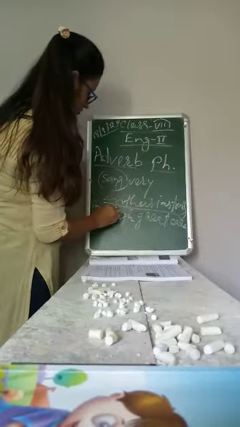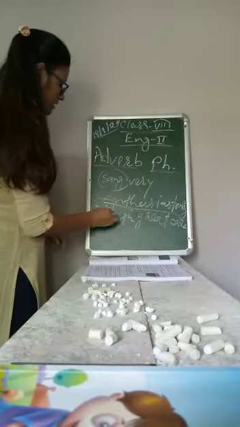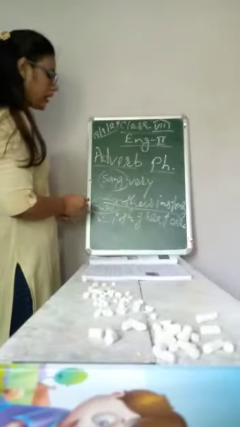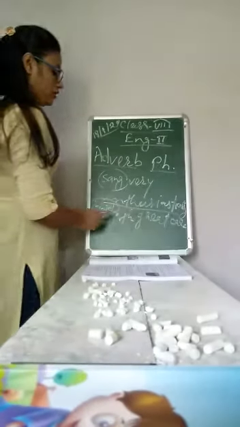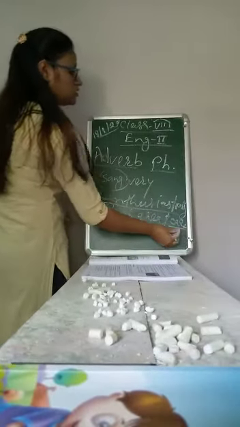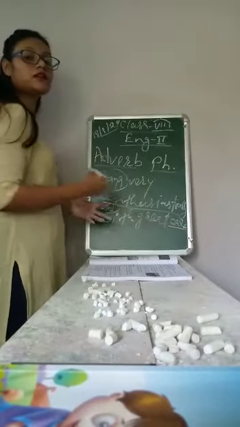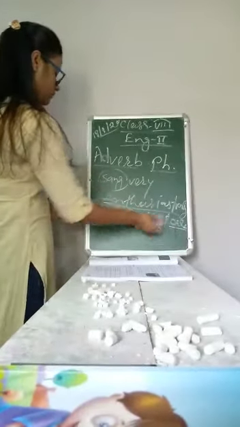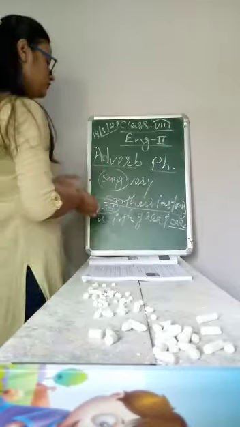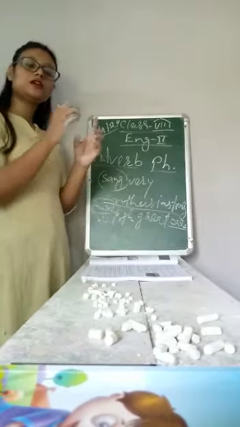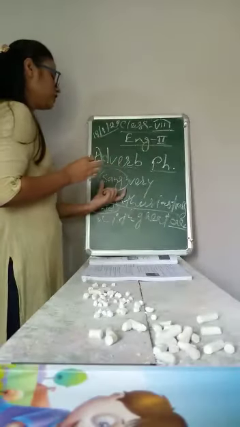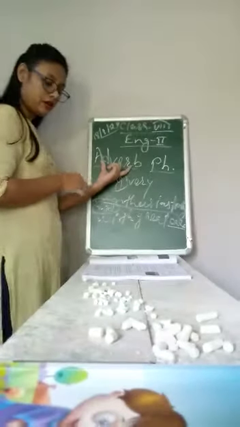Here the verb is painting. How did he paint? He painted with great care, which means carefully. So this is the adverb; it emphasizes the verb. A word that emphasizes the verb is called an adverb.